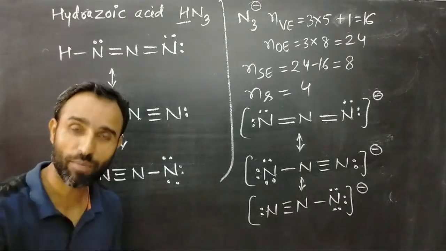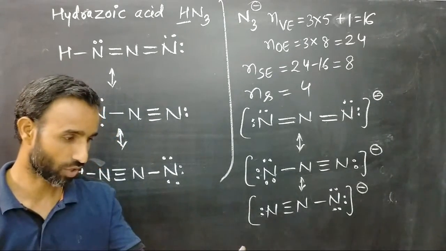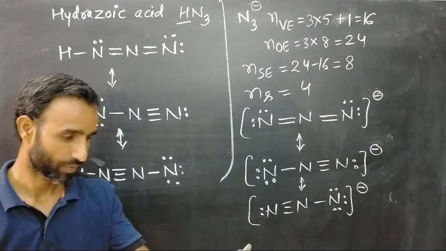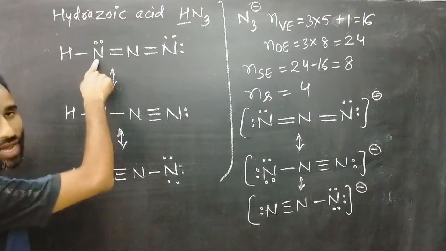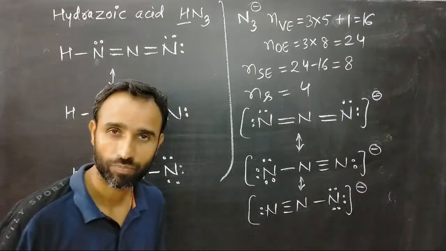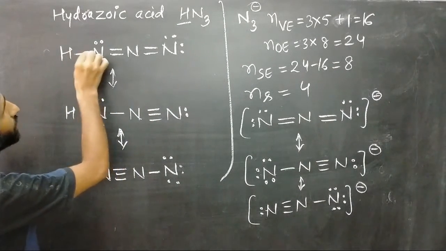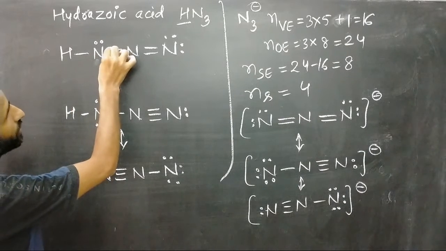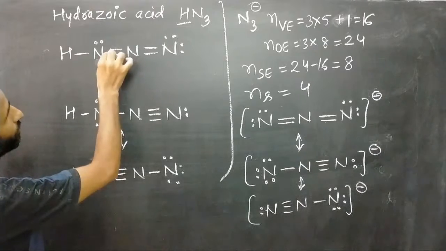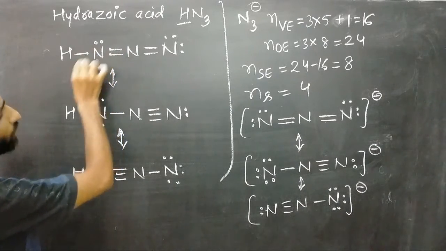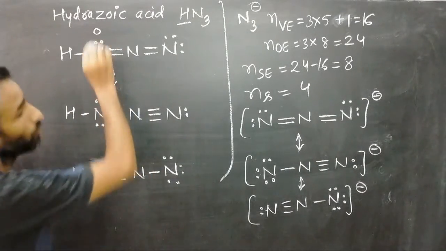Now another method to calculate formal charge. I think we are running short of time. Okay, see, in this case nitrogen has how many valence electrons? 5. So 1 is shared, 6, 7, 8. It has 5 valence electrons and 3 are shared, so its formal charge is 0.